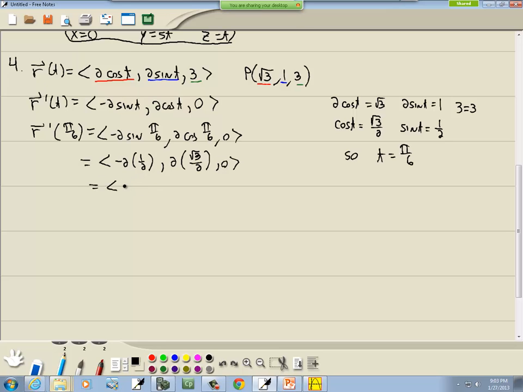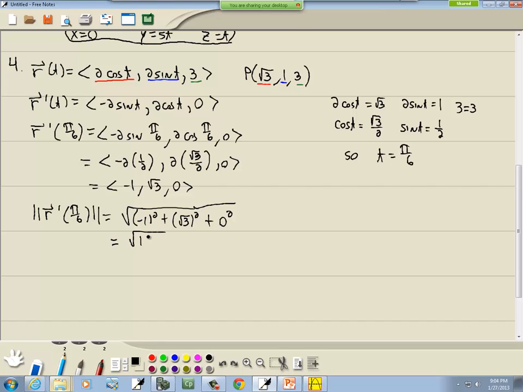Those 2's cancel, and I got negative 1. And those 2's cancel, we got square root of 3, and then 0. And then we want to find the magnitude at pi over 6. So it'll be the square root of negative 1 squared plus square root of 3 squared plus 0 squared, which gives us 1 plus 3, which would give us 2.